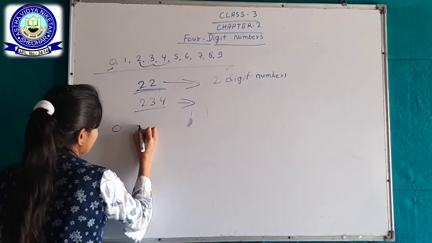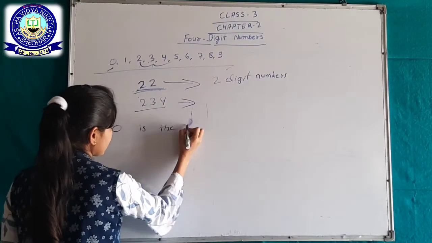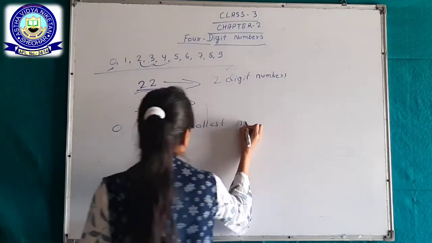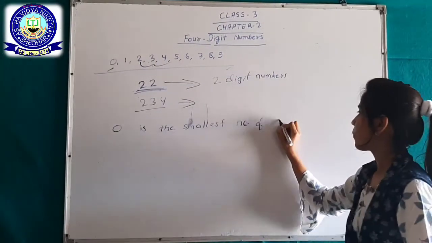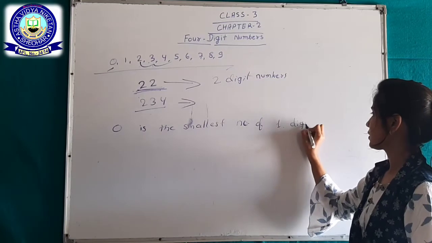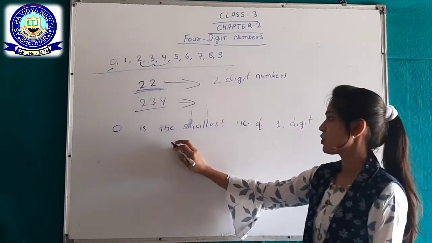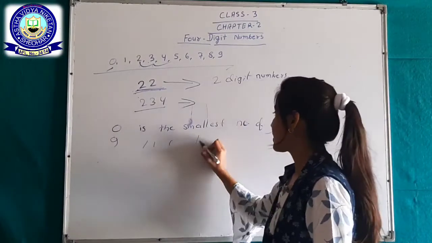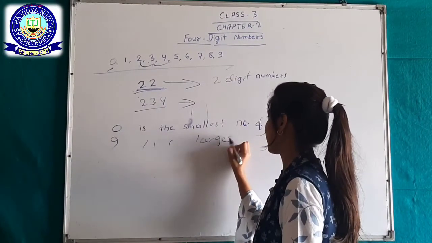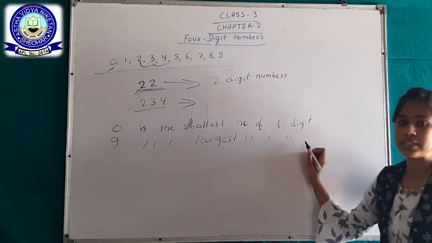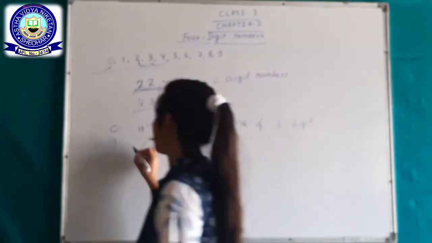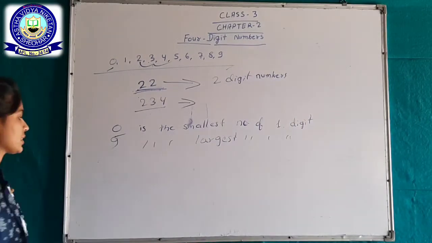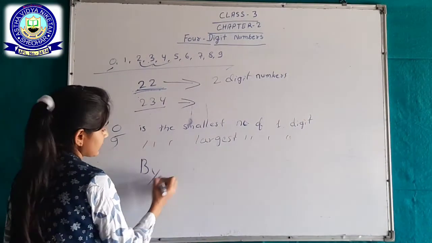We all know 0 is the smallest number of one digit and 9 is the largest number of one digit.